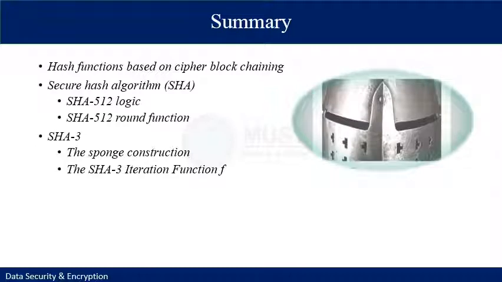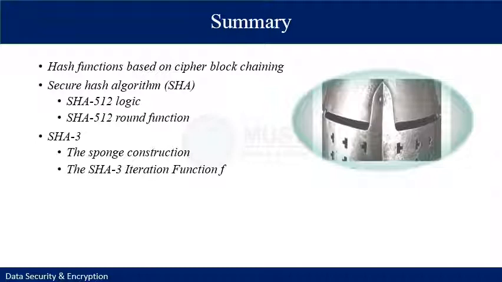So this concludes today's lecture, and in this lecture we discussed the hash functions based on cipher block chaining. There were a number of restrictions on the hash functions of CBC, and consequently secure hash algorithms are used. The first hash algorithm was referred to as SHA-0, which was phased out, and the next version was SHA-1, which is also in the process of being phased out.